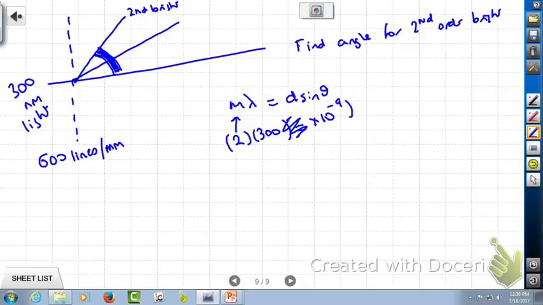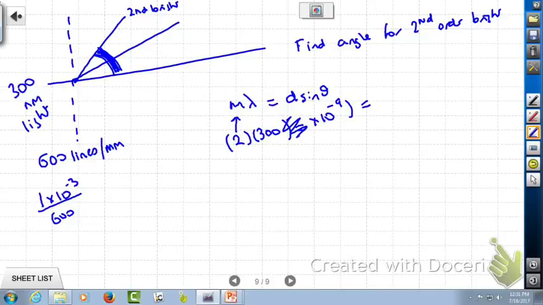What's D? 1 times 10 to the minus 3 divided by 600. If there was 1 slit per millimeter, there'd be 1 times 10 to the minus 3. If there were 2 slits per millimeter, it'd be 1 times 10 to the minus 3 divided by 2. There's 600 slits per millimeter. 1 times 10 to the minus 3 divided by 600.